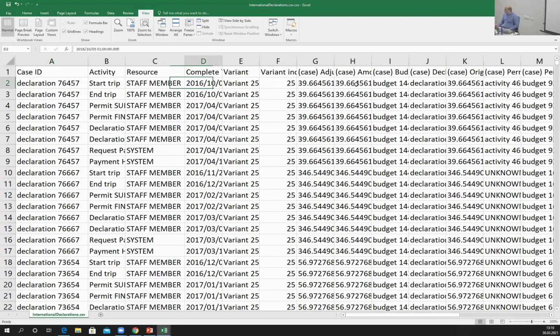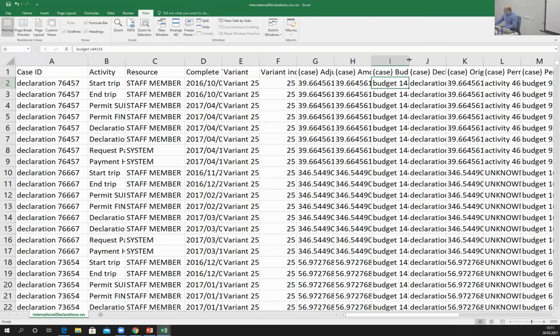It's in CSV format, a table extracted from the system where you find information of different international travel declarations. An international travel declaration is a form or a permit request. It's a form that the staff member submits in order to get an international travel approved before undertaking the travel. So they fill in a declaration.